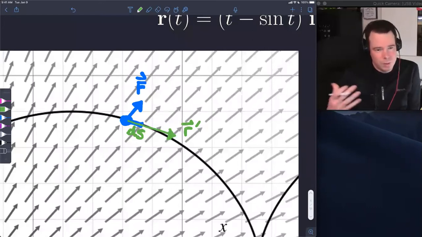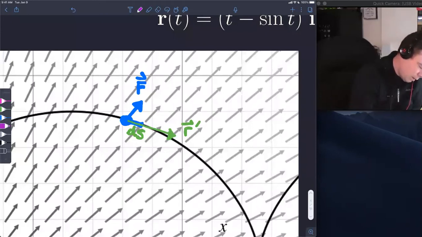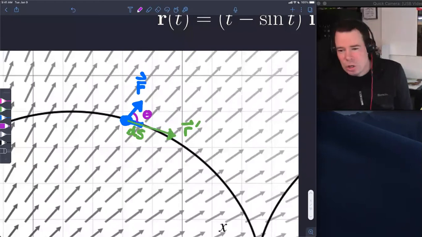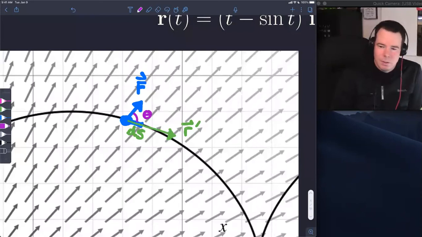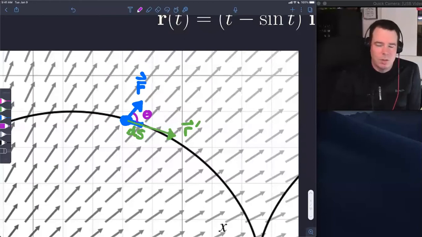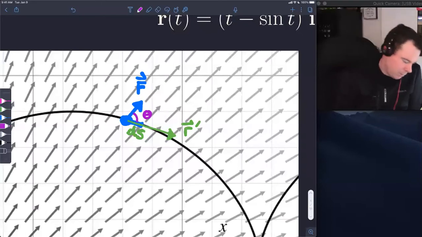And then once I know the force in that direction, I multiply by the distance traveled, and that tells me the work that's done. So what I'm going to need to know is this angle. I actually don't need to know the angle, but I'm going to use this angle to get a formula. So now if I think about the force in the direction of motion, it's just going to be the magnitude of F times cosine of the angle theta, because that's going to give me the projection onto the tangent vector, or onto r prime.